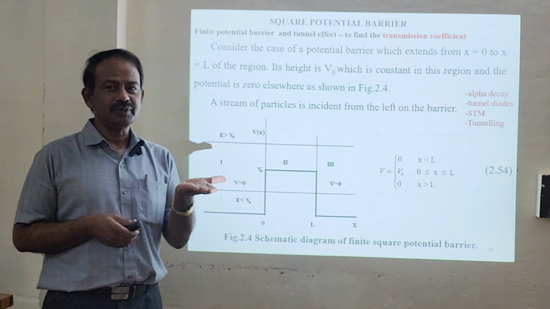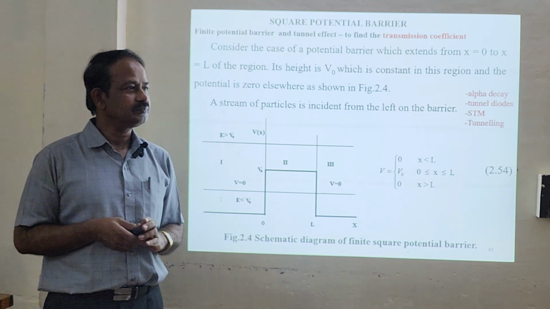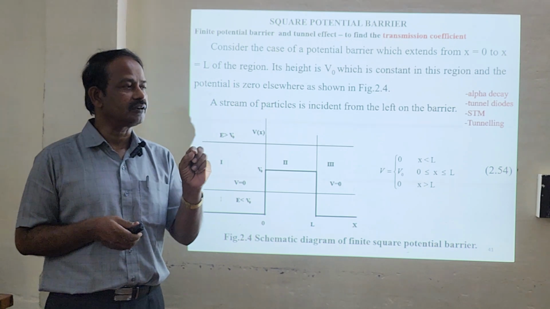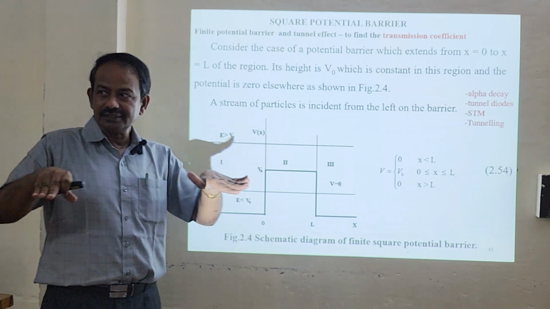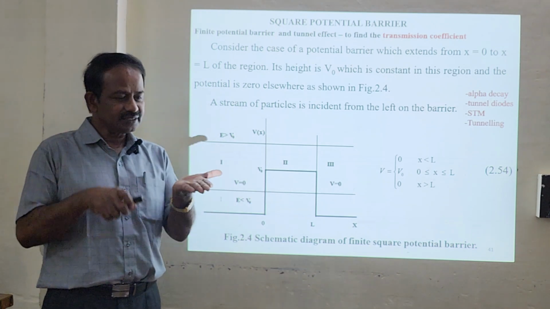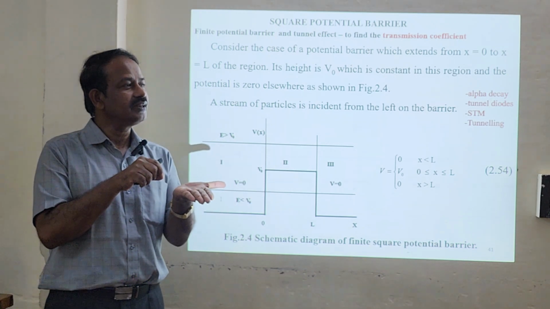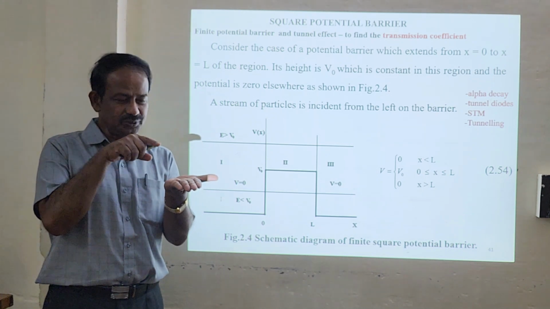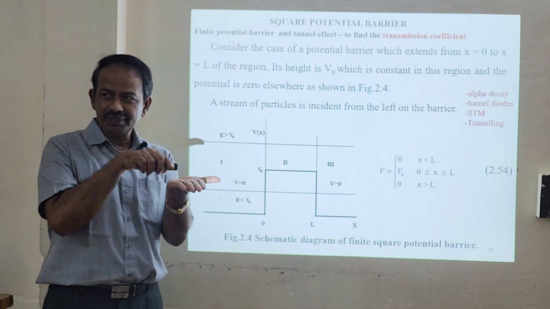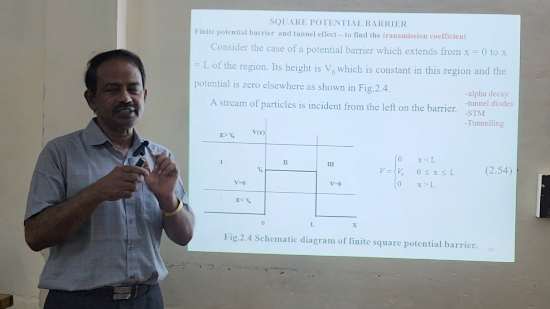In a scanning tunneling microscope, there will be a small tip, on the order of a micron, and you are going to analyze the nanofilm. Keep the tip near the film. You should not touch the film. You keep the tip near the film and apply a voltage.